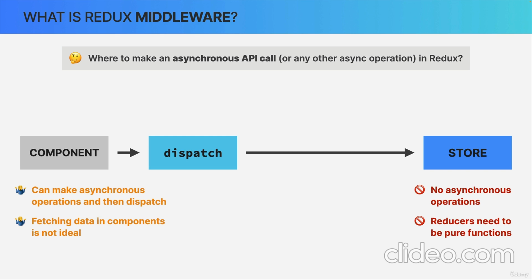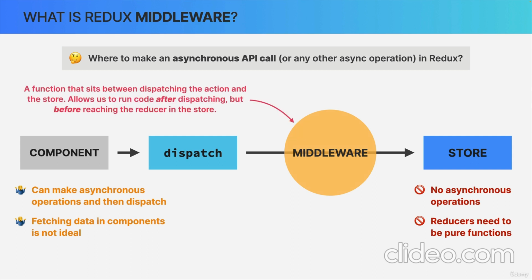But if not in the store and not in the components, then where do we perform asynchronous actions? Well, that's where middleware comes into action. So in Redux, middleware is basically a function that sits between the dispatching and the store.